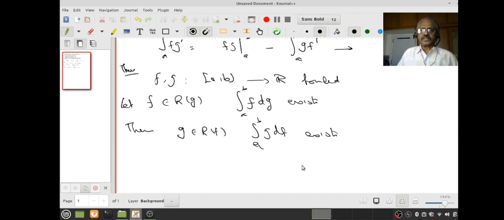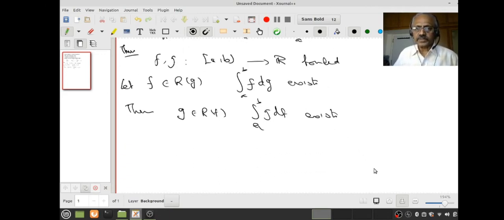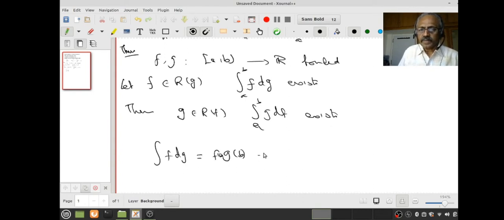And what's the next thing? How are they related? It's exactly similar to the way we wrote it: the integral f dg equals f of b g of b minus f of a g of a, minus the integral from a to b of g df.